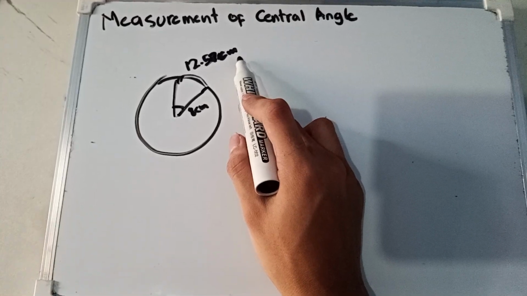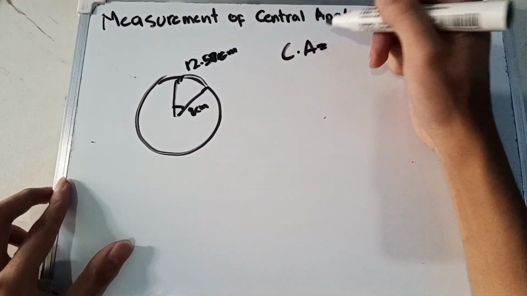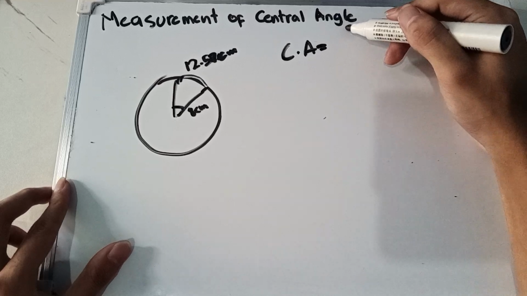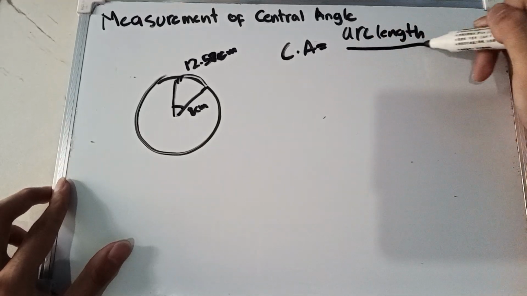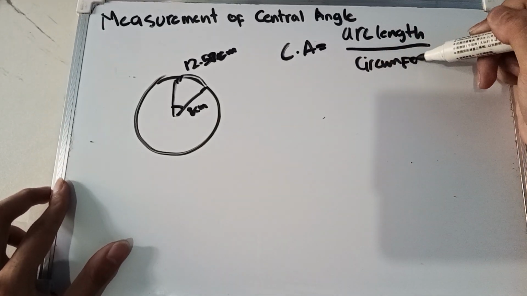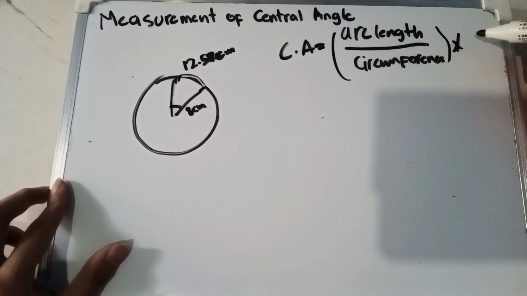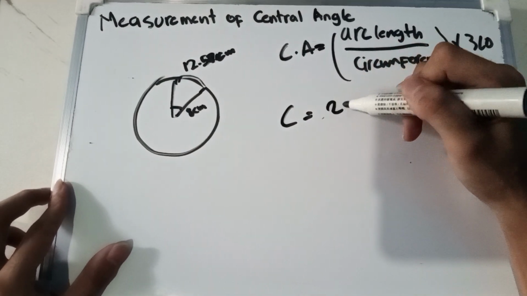In this case, we will use the formula for central angle: arc length over circumference times 360, where circumference is equal to 2 pi r.